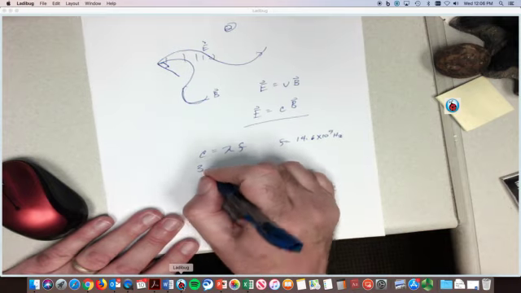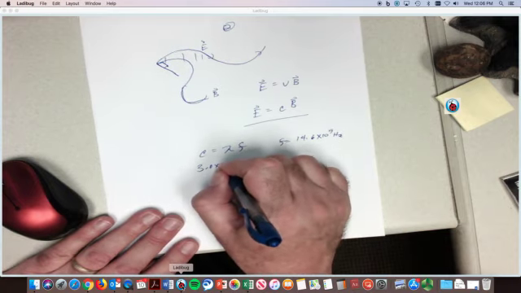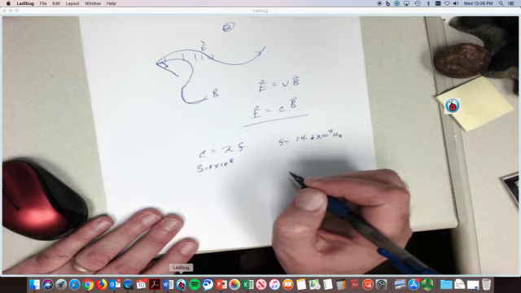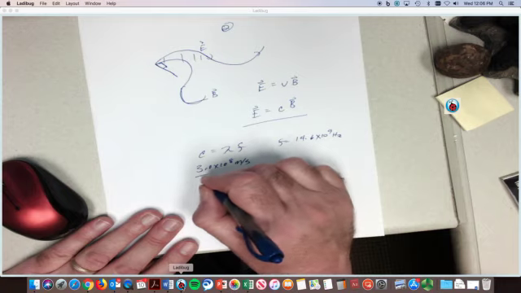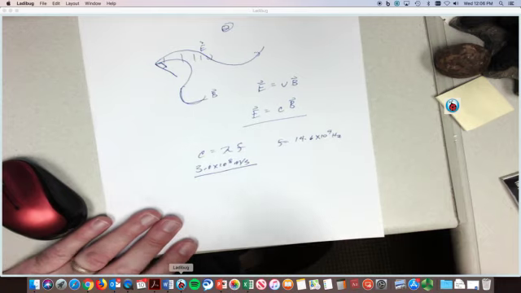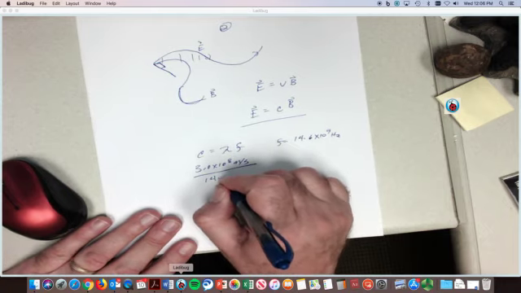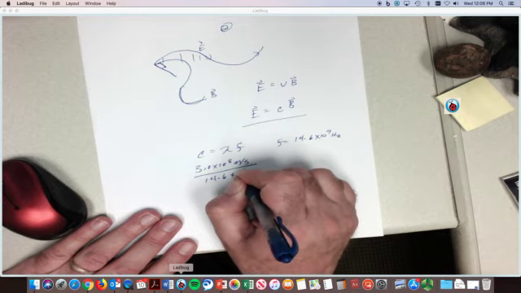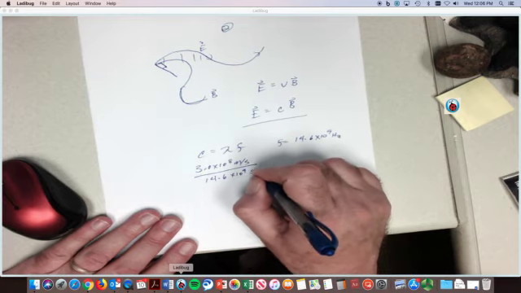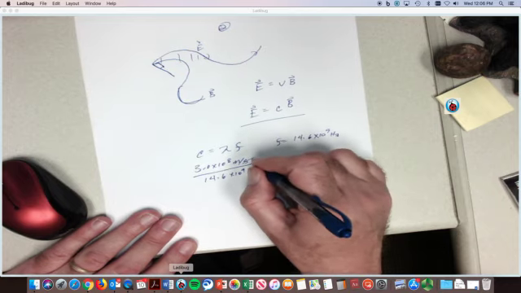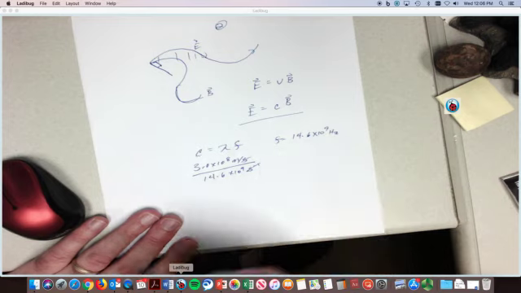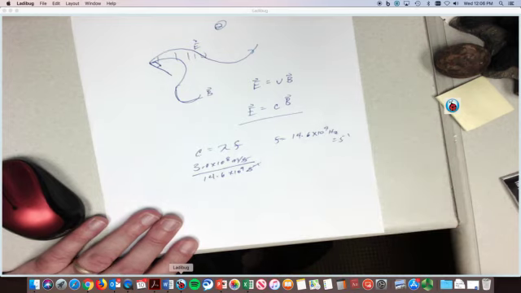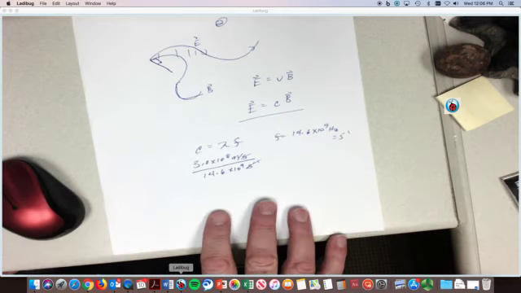And so it's 3.0 times 10 to the 8th meters per second divided by 14.6 times 10 to the 9th seconds to the minus 1. That means these seconds cancel out. Seconds to the minus 1 is hertz. So we're left with meters, and you just do that division there.